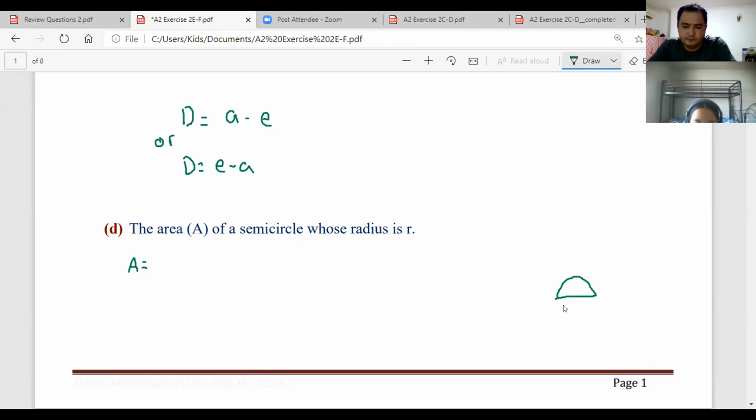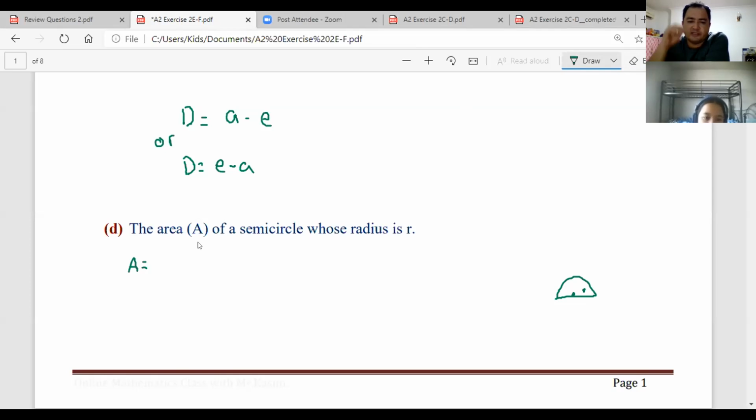A semicircle whose radius is R. So that's R. I think it's pi times R squared over 2. Yeah, pi times R squared over 2. Just write 1 over 2 in front, it's better.